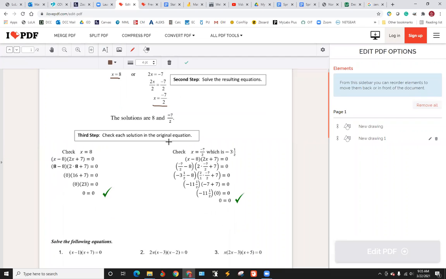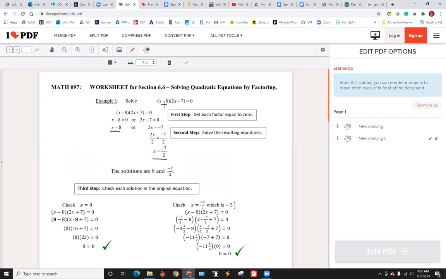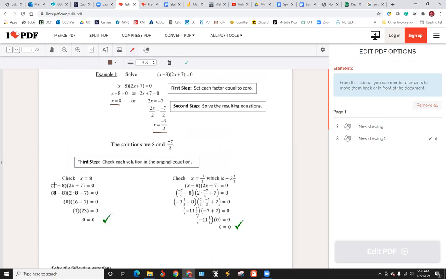And then it's really important to check them if you can, especially when you're doing your homework. I know that when you have tests and you're rushing, you don't always have time, but it's really important to build enough confidence. You can see what happens, especially when it's in this form where you've got one binomial times the other. You're going to put 8 in for x, and right here 8 minus 8 is 0.